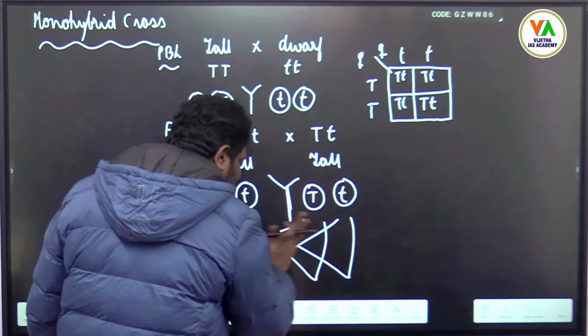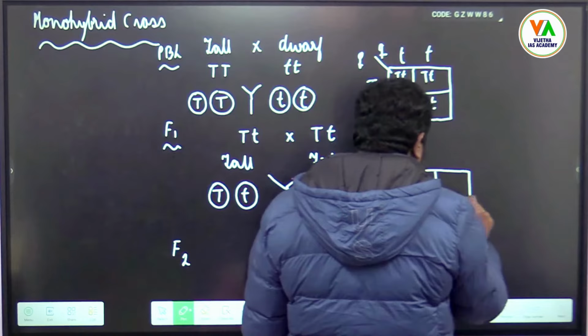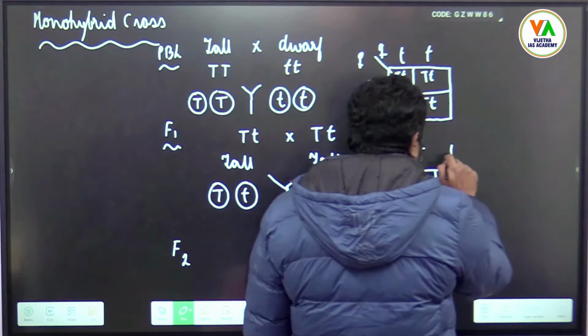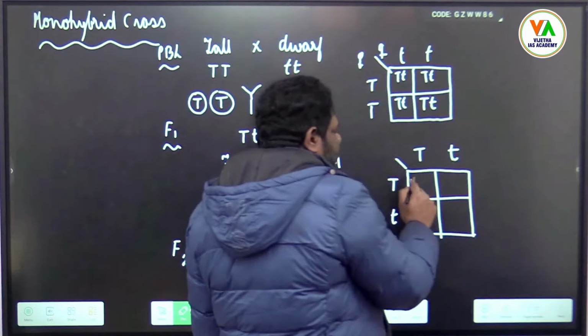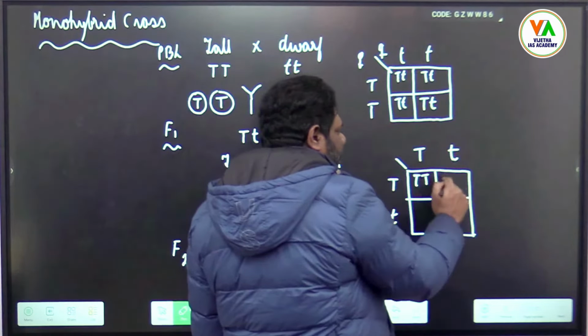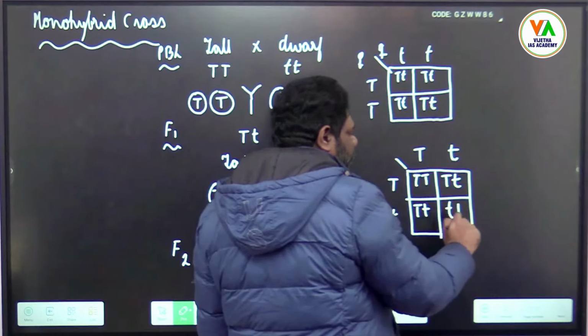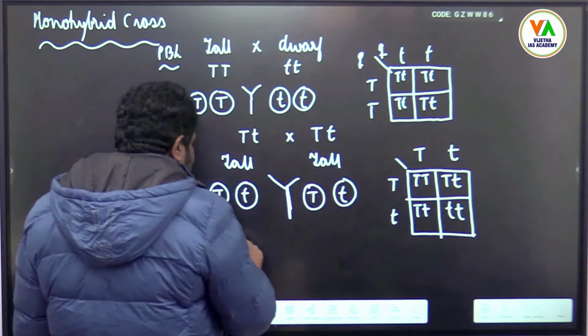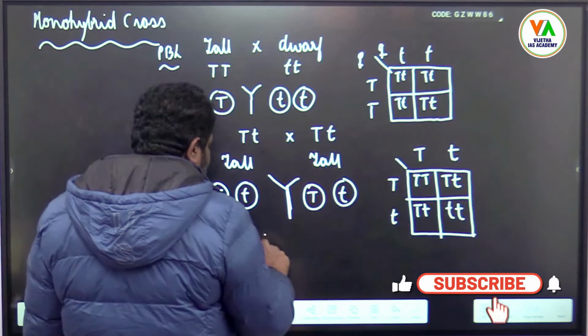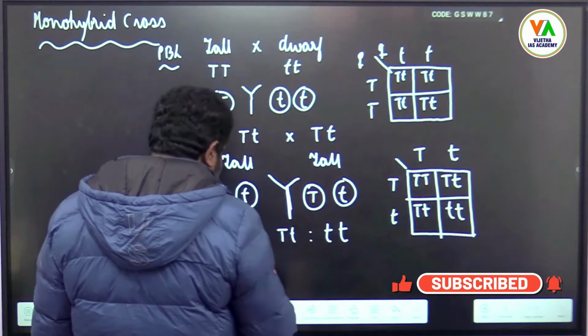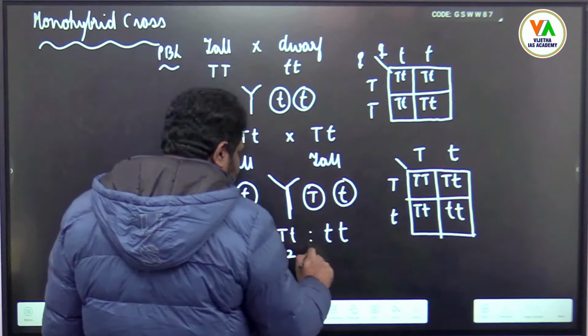You can do like this or you can do a Punnett square. So 2 this side, capital T, small t, 2 this side, capital T, small t. You cross these two: capital T capital T, capital T small t, capital T small t, small t small t. So what is the outcome? Capital T capital T got 1, capital T small t another genotype, small t small t another genotype. So this is 1, this is 2 and this is 1.